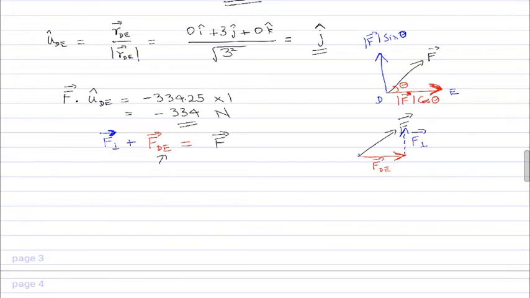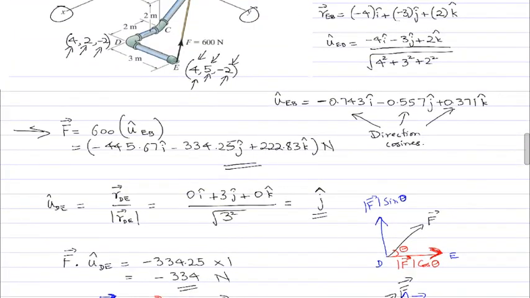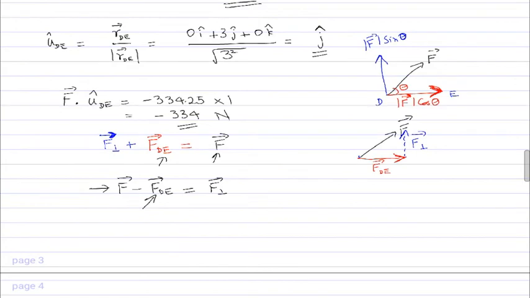So we know that, and we know that, right? Which means F minus F dE will give you the vector F perpendicular. We know this because we already found it over here. And we know that because how?